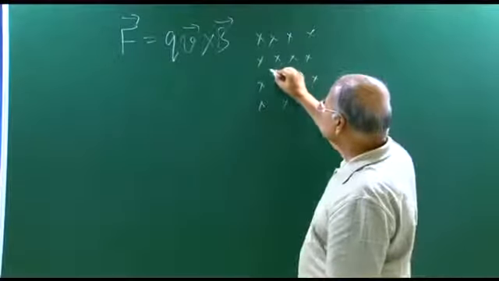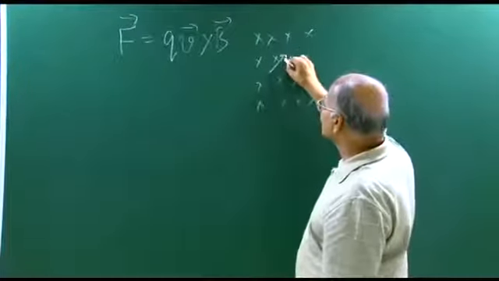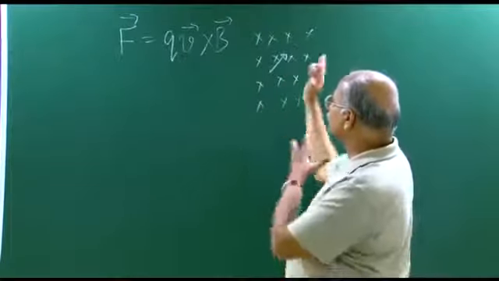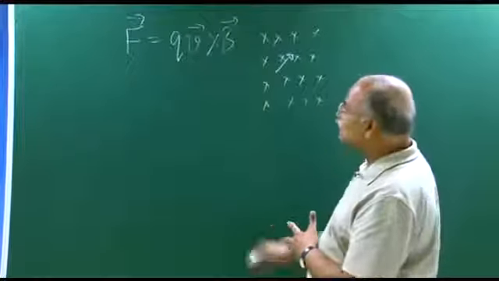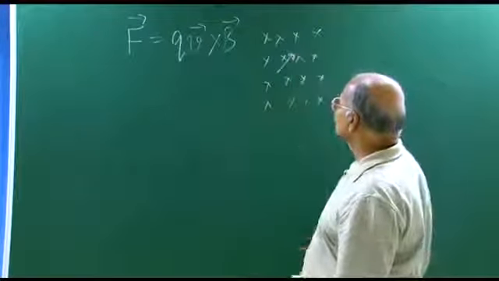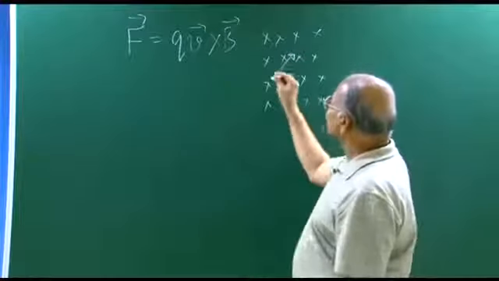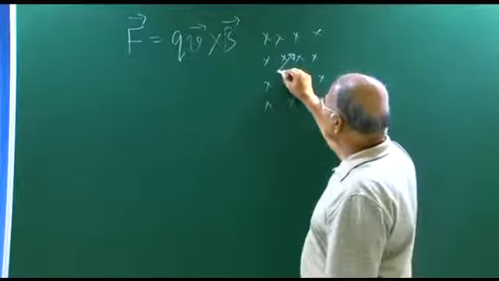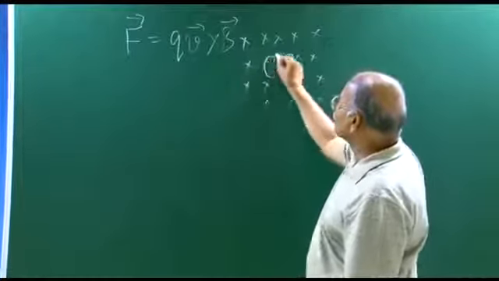And then if you have some charged particle which is projected with some velocity in this uniform magnetic field, then the force acts on the particle V cross B. So here is velocity and B is inside, so force will be in this direction. So it goes in a circular path.